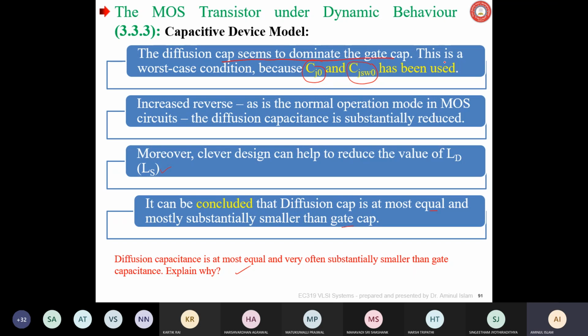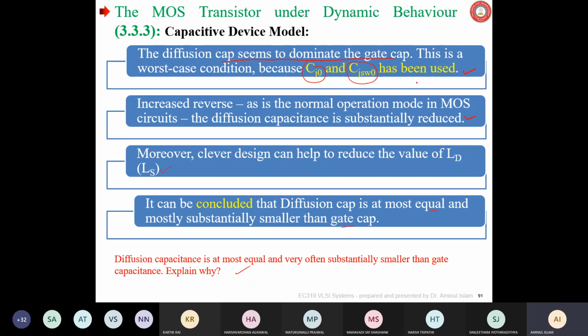It's a higher value. This is a worst case condition because CJ0 and CJSW0 have been used. If you increase the reverse bias, as is the normal operation of the MOSFET circuit, the diffusion capacitance is substantially reduced.